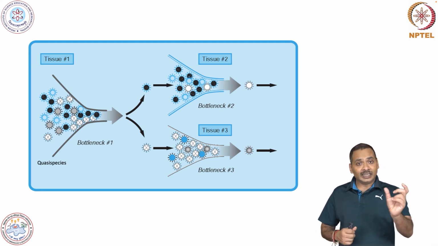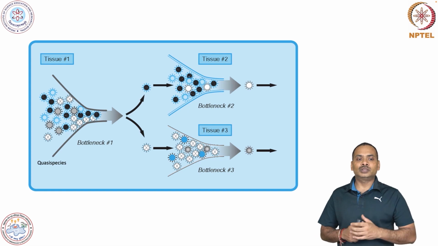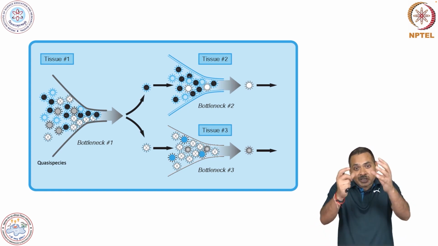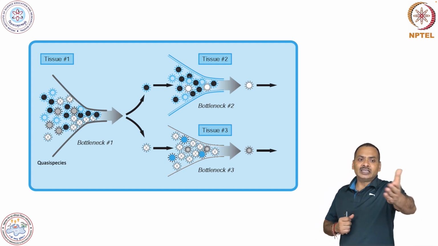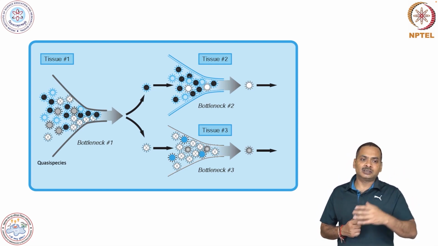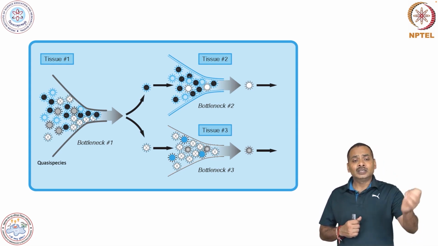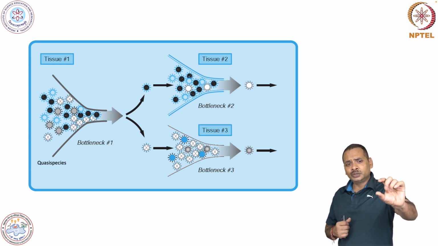That is why we use one term, quasi-species. It is a mixture of virus, it is not one kind of virus. I have depicted in this schematic that this is a mixture of virus. When you inject into the host, try to understand what a bottleneck is.